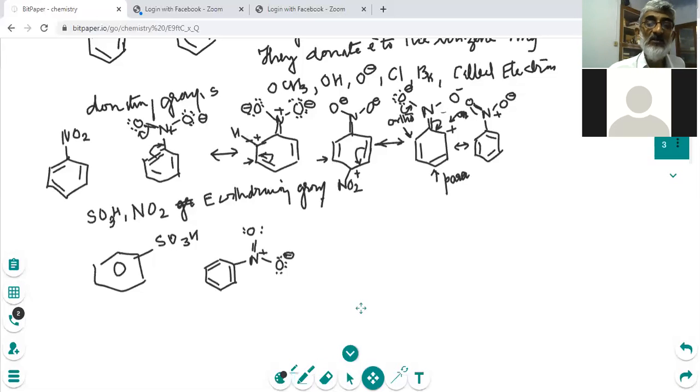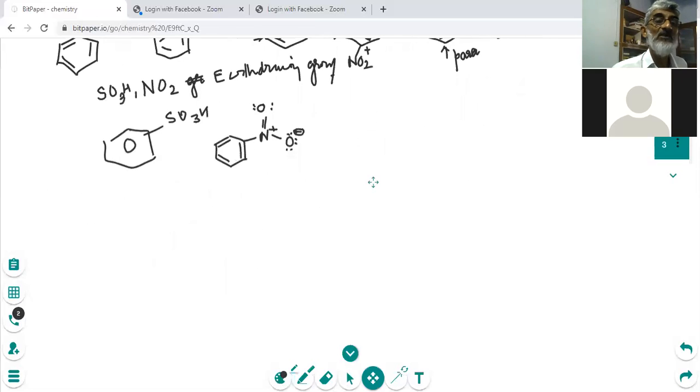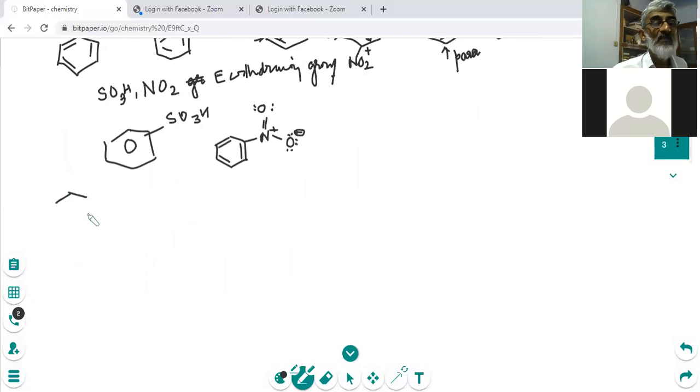Similarly, you can draw the resonance structures of other compounds, like benzene sulfonic acid. Now look at the sulfur.